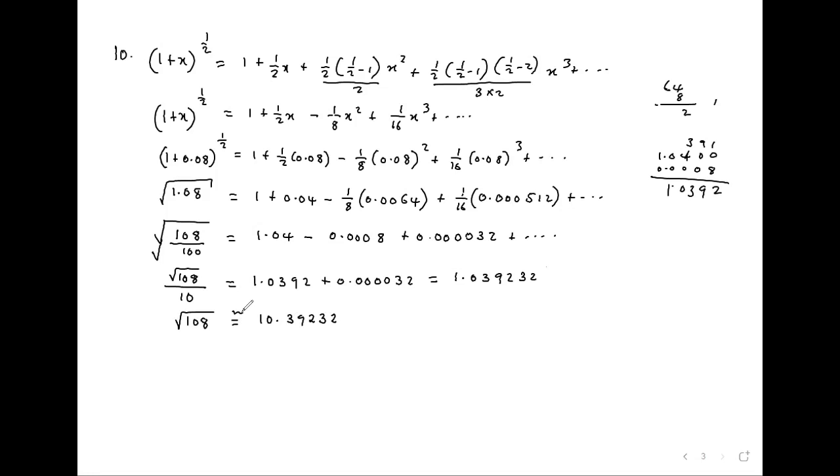Now we're looking for root 3. So we write 108 as 3 times 36. You get 108 divided by 3: 3 into 10 is 3, remainder 1, 3 into 18 is 6. So you can write 108 as 3 times 36, which is approximately 10.39232.